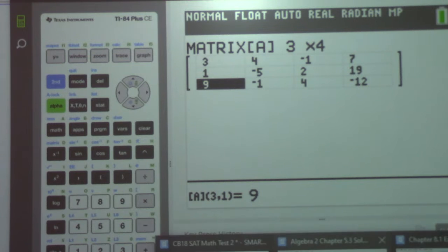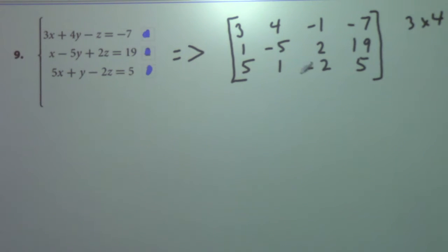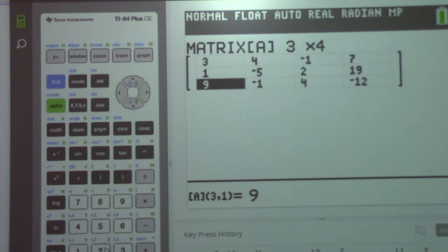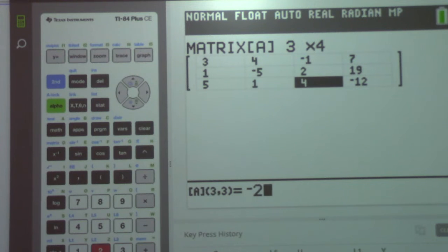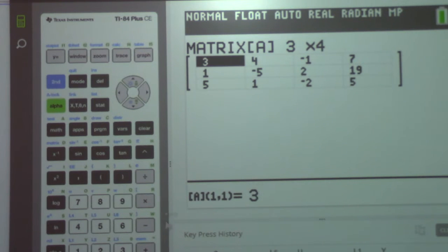And our final row is going to be 5, 1, -2, 5. So 5, 1, -2, 5, and then double check to make sure you got it right.